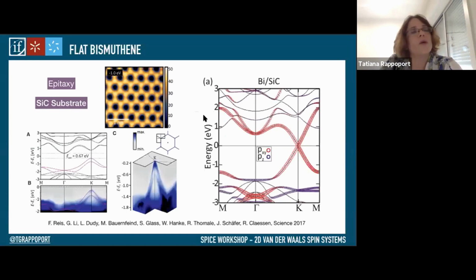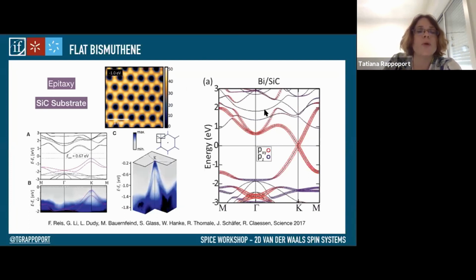So in search of the quantum spin Hall insulator, which is a topological insulator in 2D, Claessen's group was able to grow a single bismuth layer on top of silicon carbide. So bismuthene normally is a buckled structure, but when grown on top of silicon carbide, there is a little bit of strain in the system. And so the layer is flat, as can be seen, for example, from STM measurements that confirm the honeycomb structure.